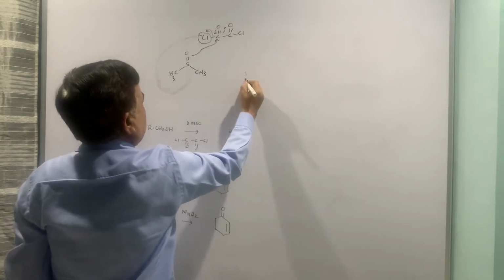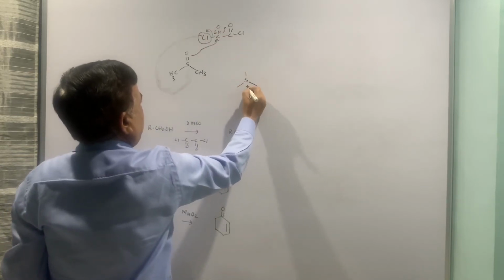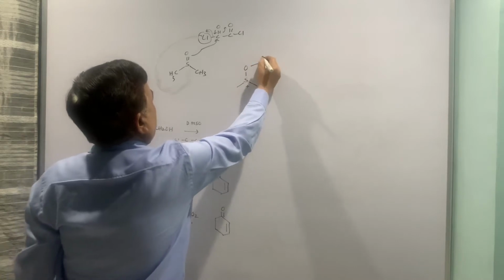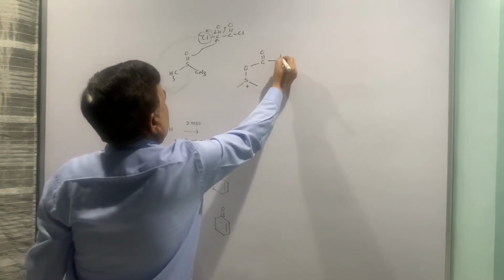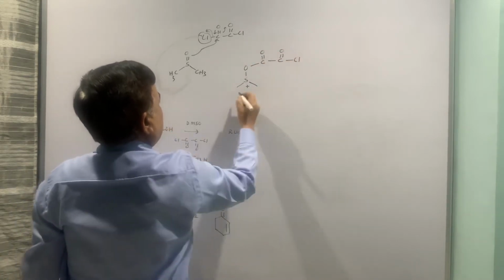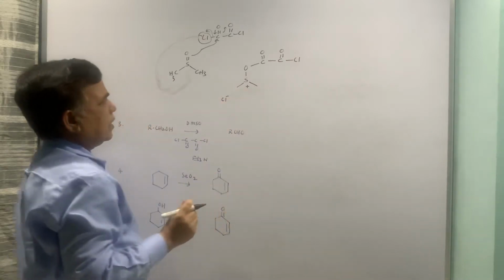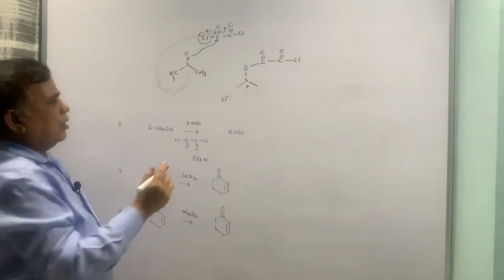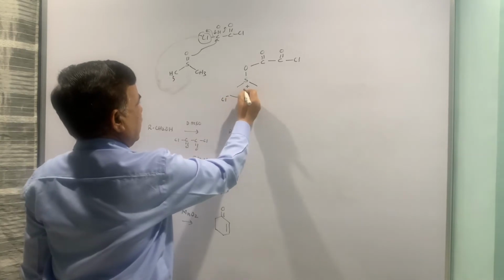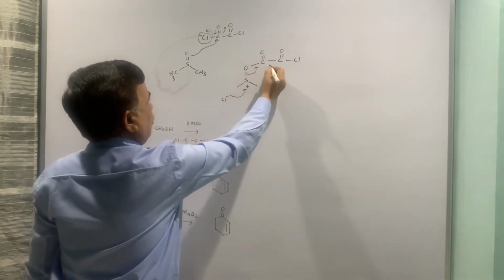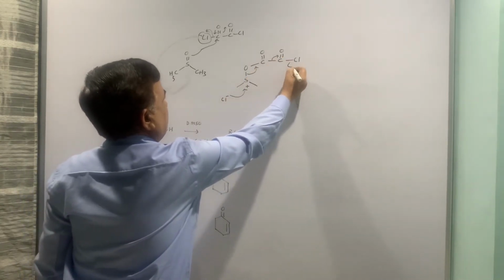So what happens is, this is plus O, CO, CO, Cl, and one more Cl minus is there, which is coming out. Now this Cl minus attacks here, this goes off, this goes off, this goes off.